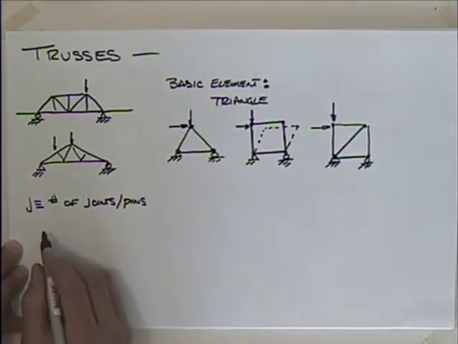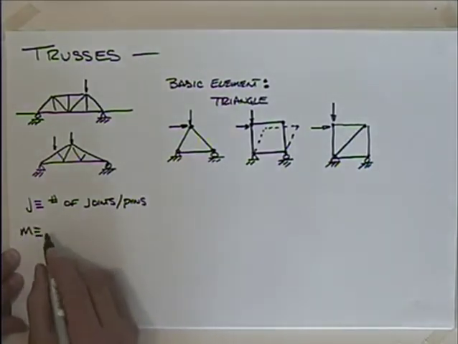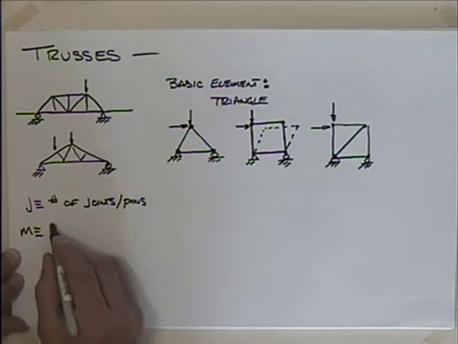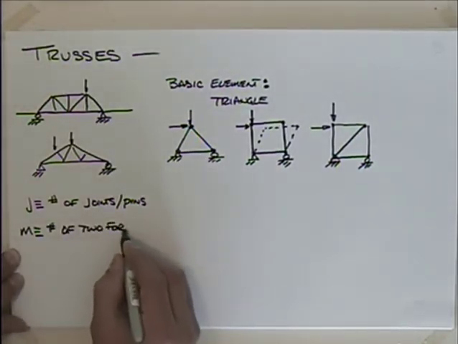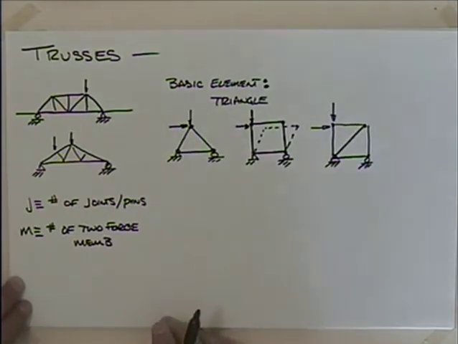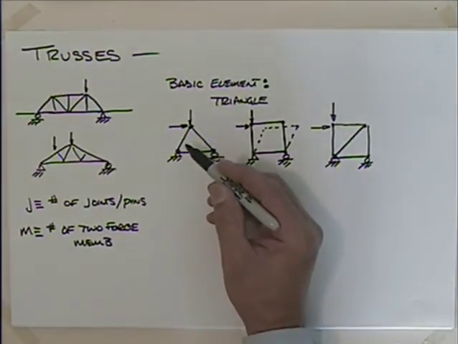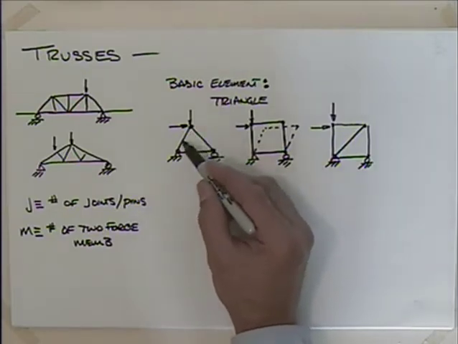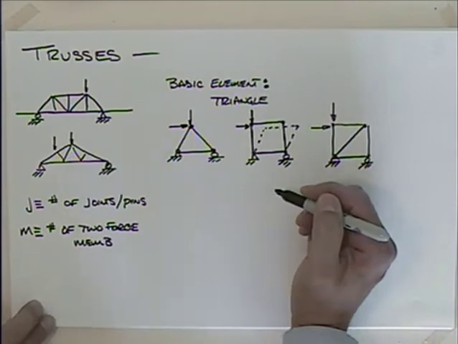And if I talk about M defined as the number of two-force members, so all of these are two-force members. That's the requirement for a truss. It has to be made up of nothing but two-force members. So I have 3 two-force members there, I have 4 two-force members there, and so on.